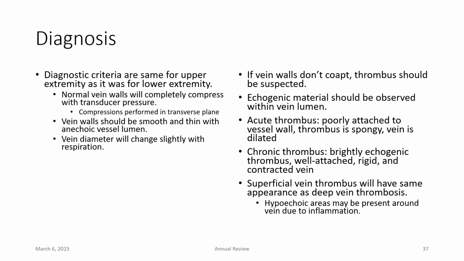Echogenic material should be observed within each vein lumen that has a true thrombus. So adjust your TGC, adjust your 2D gain to make sure that you're identifying that if it's there. We know, similarly to the deep system, acute thrombi are harder to identify. They're newer, and they're not going to be as echogenic.